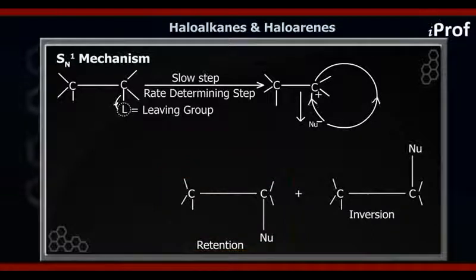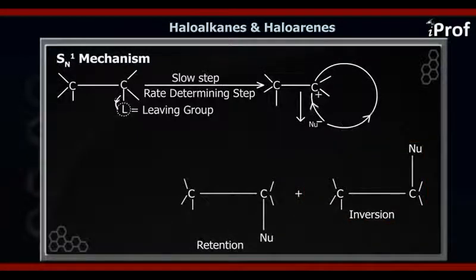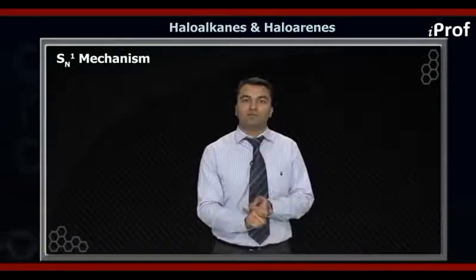And if a nucleophile attacks from the back side, opposite to the leaving group, then it gives an inverted product, and we call it inversion. So in the SN1 mechanism, we will have two types of products: one is retention of configuration and the second is inversion of configuration.